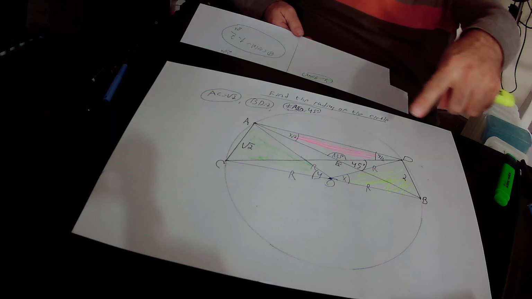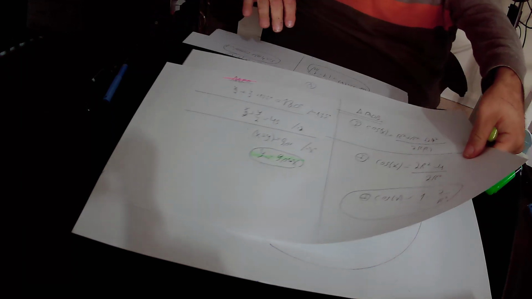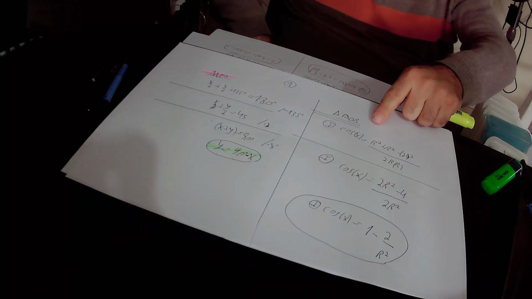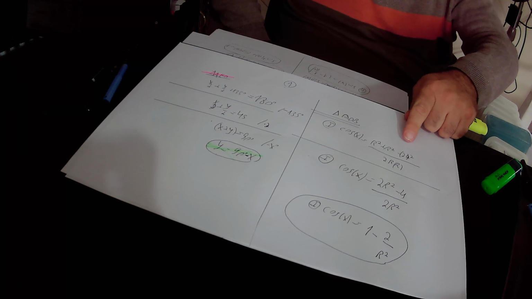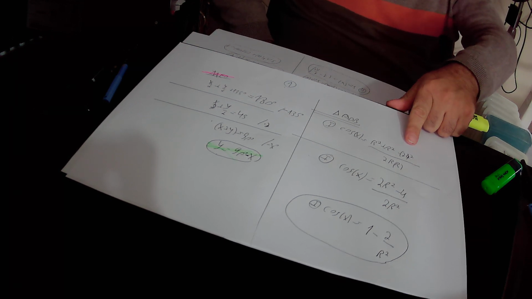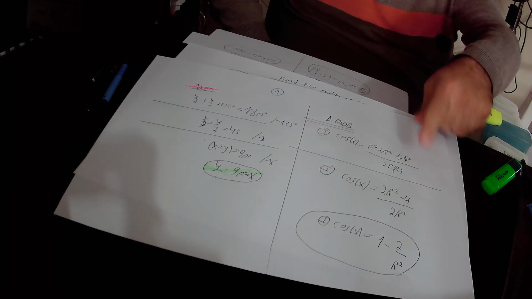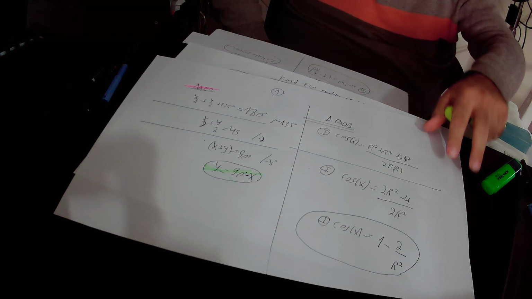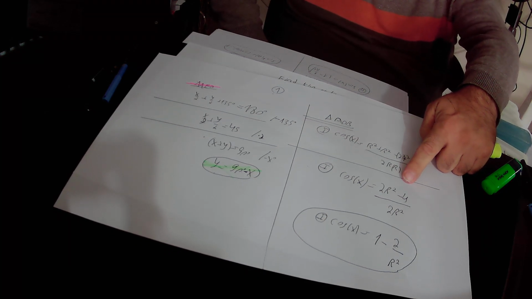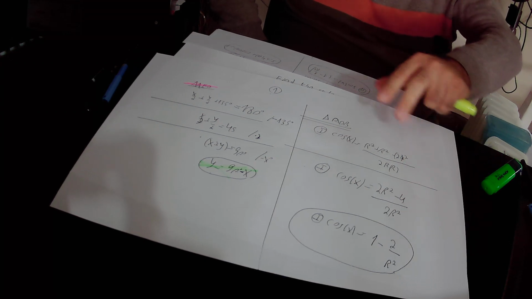So cosine x equals r squared plus r squared, which is 2r squared, minus 2 squared, which is 4, over 2r times r, which is 2r squared.